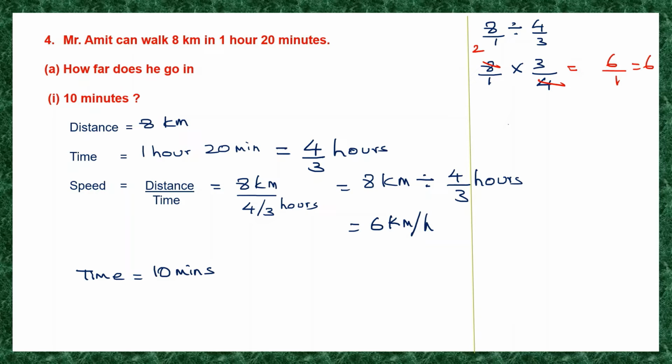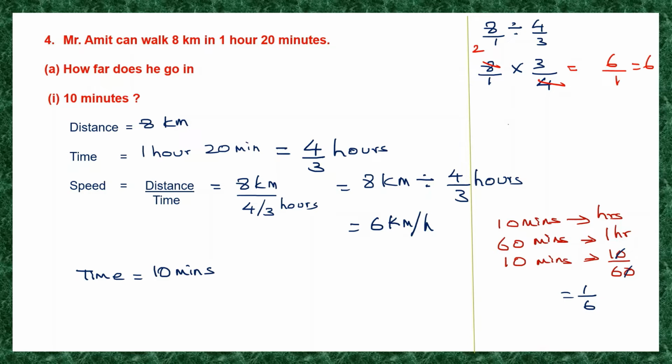Let's convert 10 minutes into hours. We know that 60 minutes make 1 hour. Therefore, 10 minutes will be 10 by 60. Let's cancel the zeros. So it becomes 1 by 6. So time is now 1 by 6 of an hour.